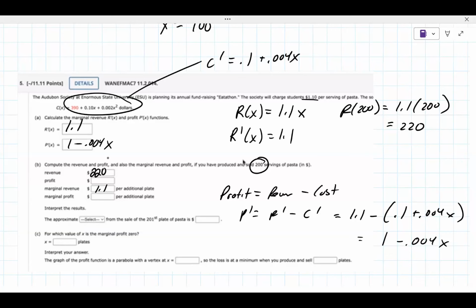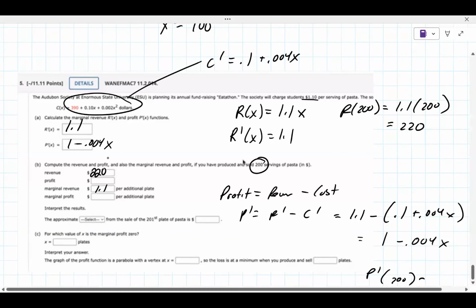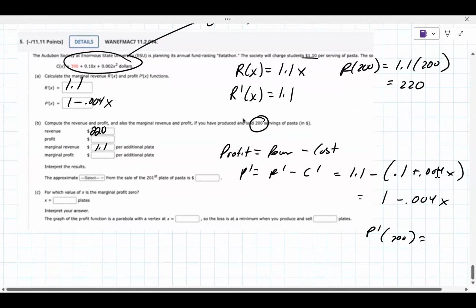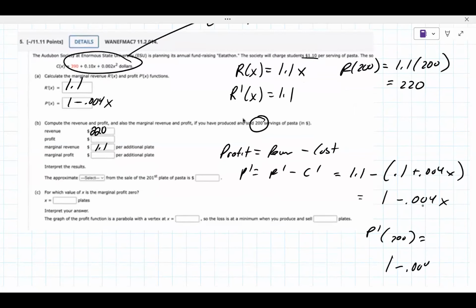Okay, got that. So the marginal profit, which is in part B, you have to find P prime of 200, which means you're putting 200 in for this X here. So 1 minus 0.004 times 200, and that's 0.2.